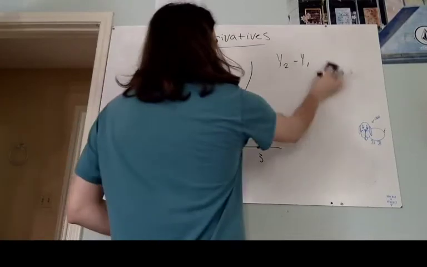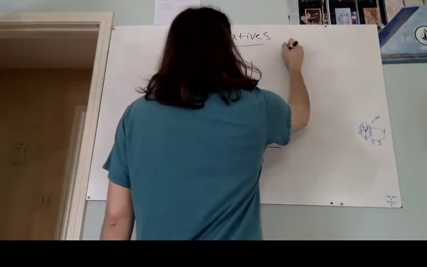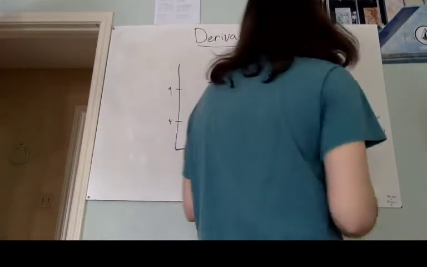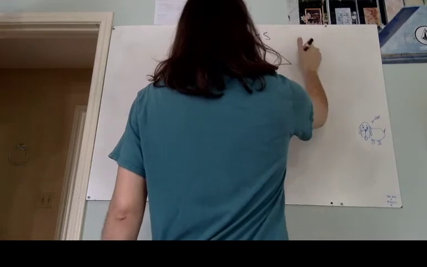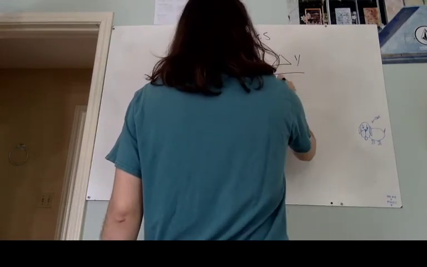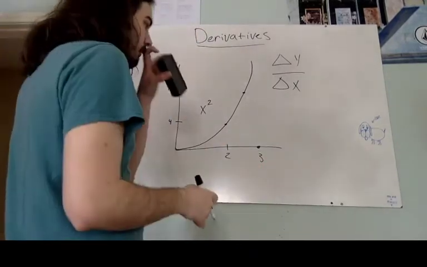So let's rewrite this. I'm going to have to write this equation a couple different ways. So delta y over delta x. That's just another way to express that slope formula.